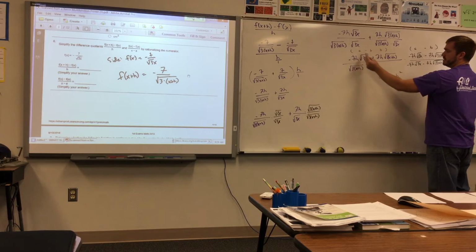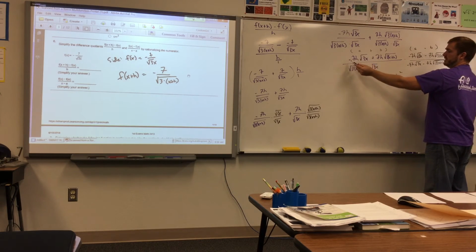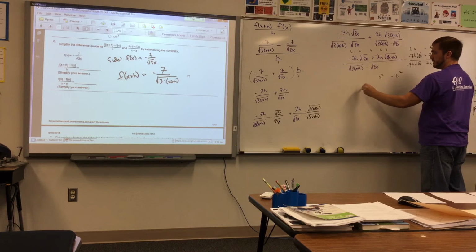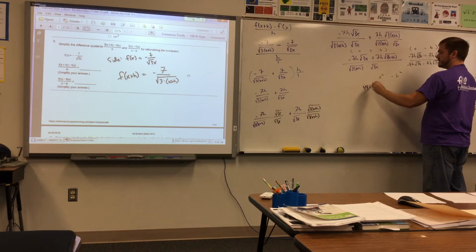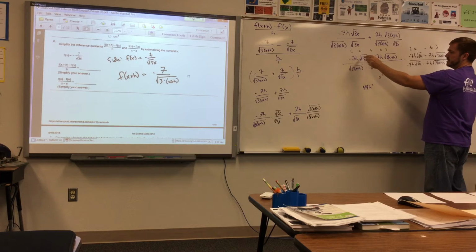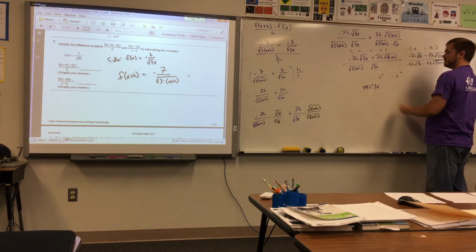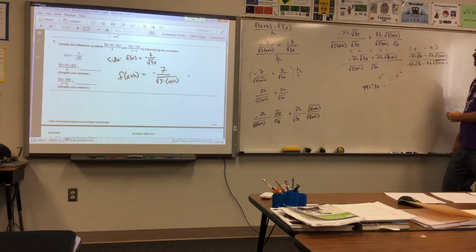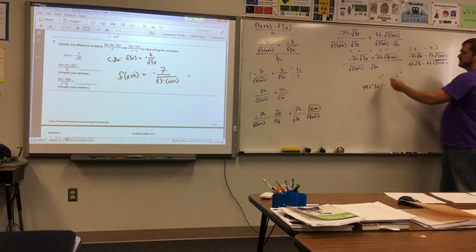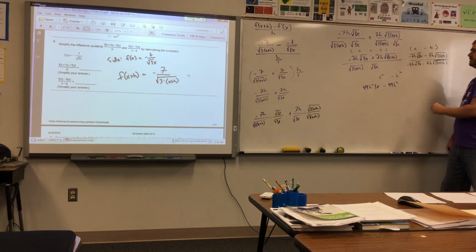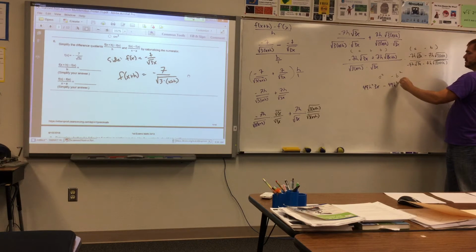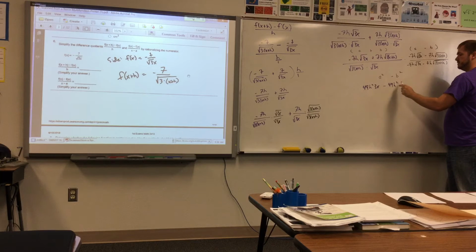So that's this term squared, so this term times itself. That's going to be negative 7 times negative 7 is 49. h times h is h squared. Square root of 3x times square root of 3x is just 3x. Minus this term squared, so 7 times 7 is 49, h squared, square root of 3 times x plus h times itself is 3 times x plus h.